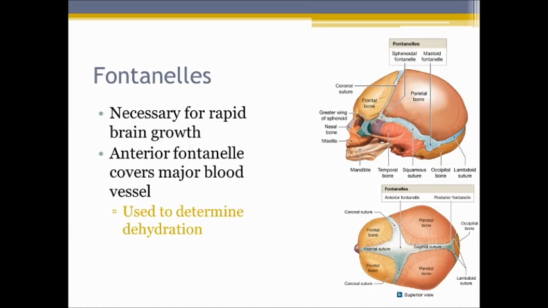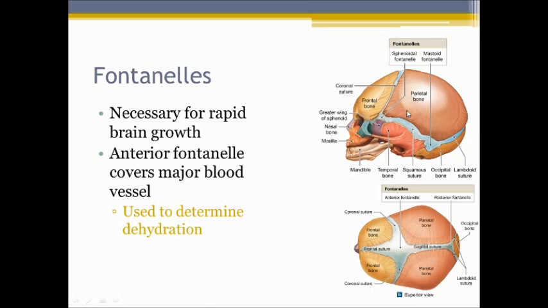Fontanelles are found in small babies, infants. They're necessary for rapid brain growth, so there are these what are usually colloquially called soft spots. Without these, the baby's brain would not be able to grow sufficiently.